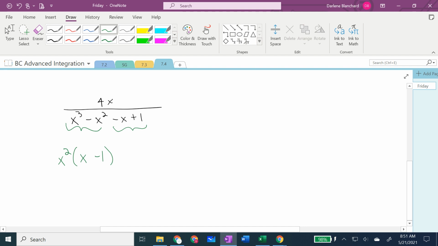Now with this group, it doesn't really have anything to factor out, but if you take a good look at this, this is x minus 1, and that's negative x plus 1. If I factor a negative 1 out of x plus 1, or negative x plus 1, I will get x minus 1.